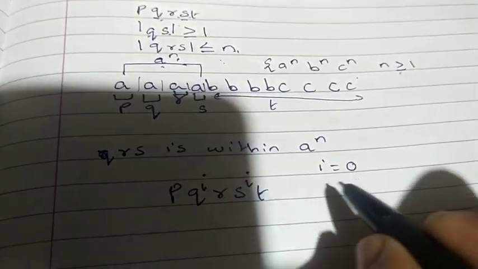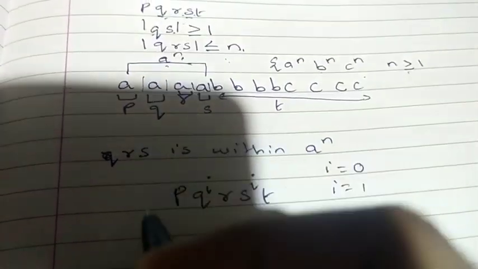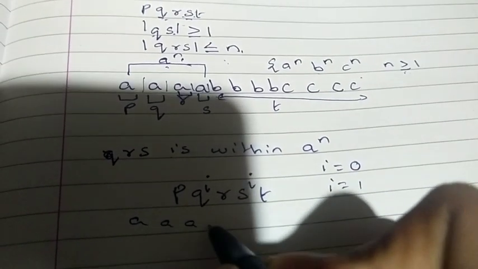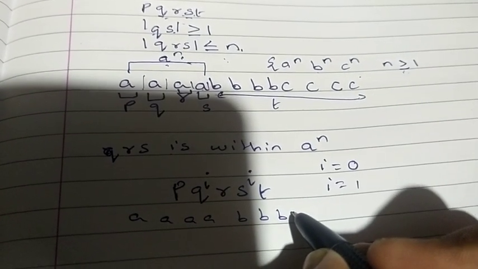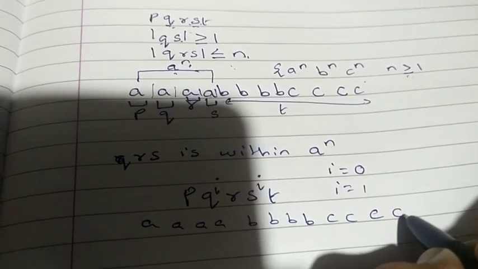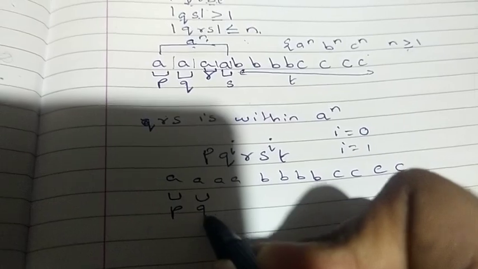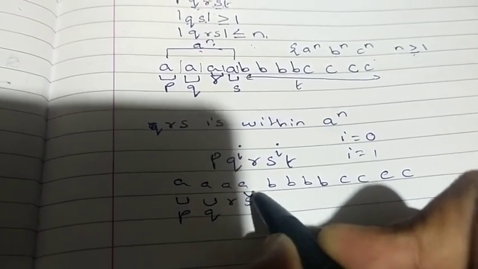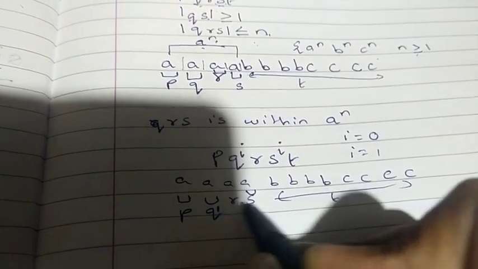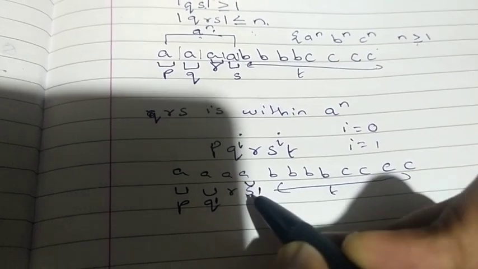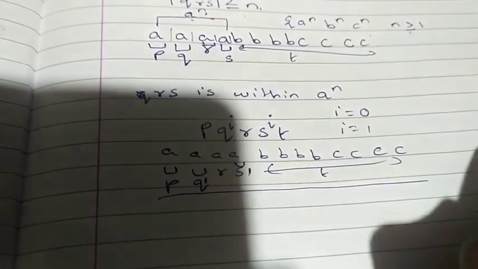If I take i equal to 1 and divide it like that, A, A, B, B, B, B, C, C, C, C, with P, Q, R, S and this whole area as T, then if Q is 1 and S is also 1, there is no change, meaning this belongs to the CFL.